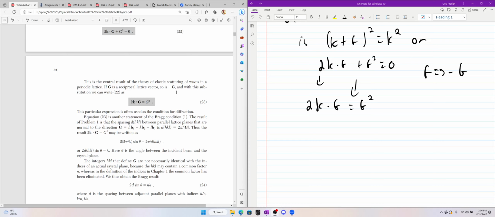My internet went out. But as we were just talking about, G is also a reciprocal lattice vector. So this equation 23 is another statement of the Bragg condition.